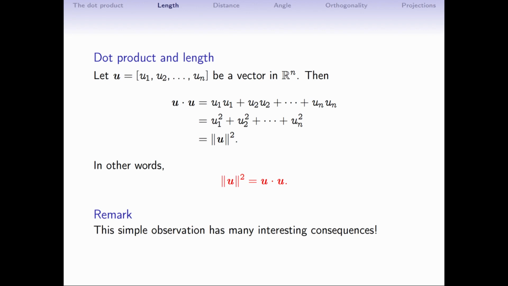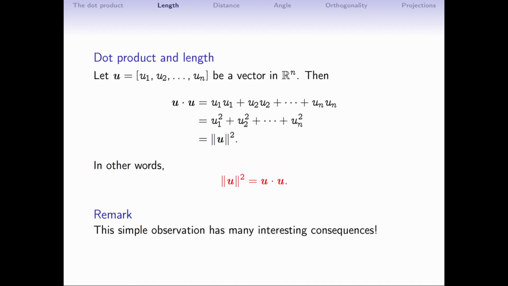In other words, the length of the vector u squared can always be expressed as a dot product of the vector with itself. All right. Now this formula is incredibly useful because it allows us to take questions about length and turn them into questions about dot products. That's incredibly useful.